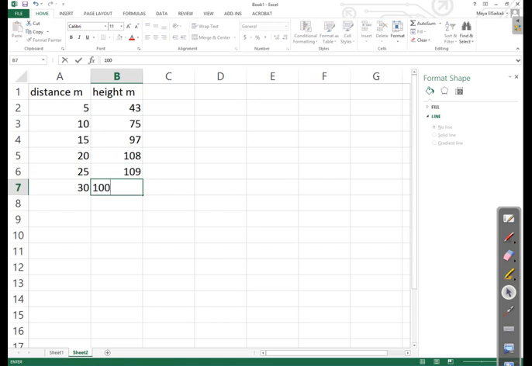And then, in the same way, I have to highlight the numbers only. Go to Insert, Scatter, and pick the first.